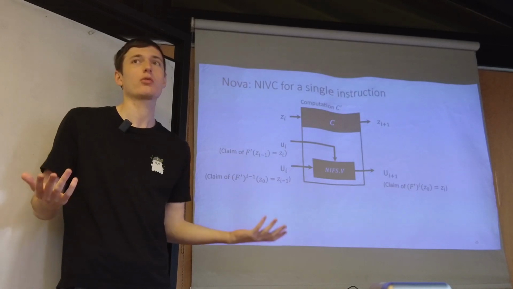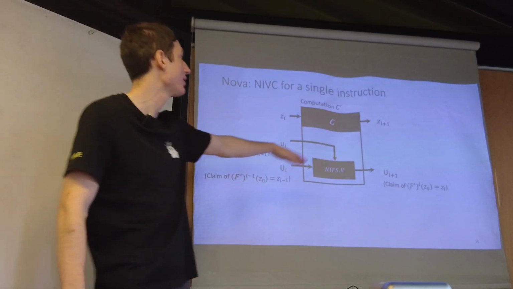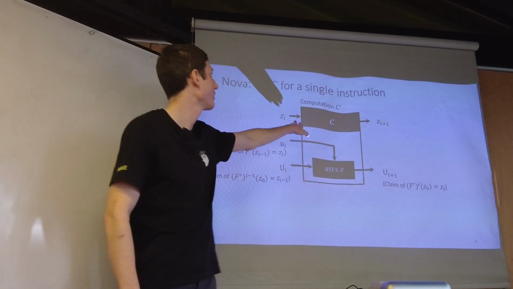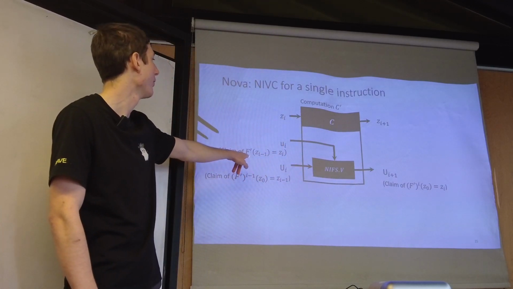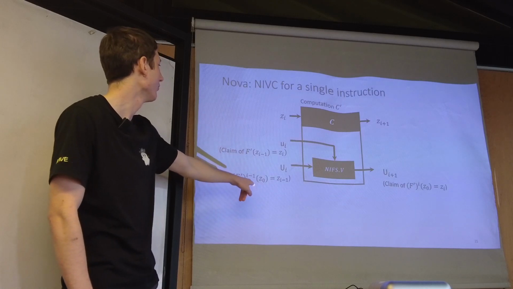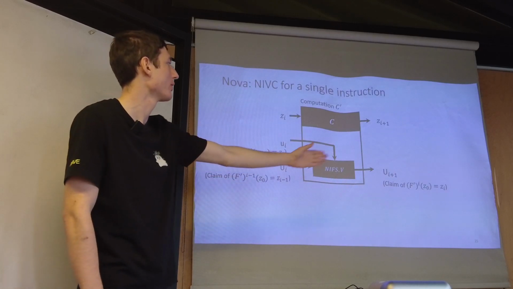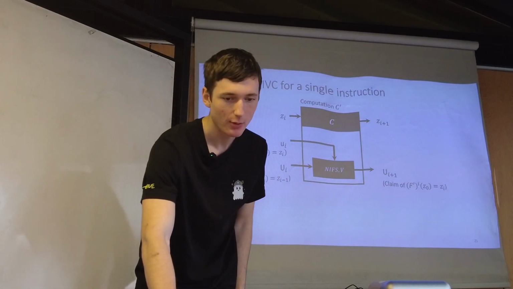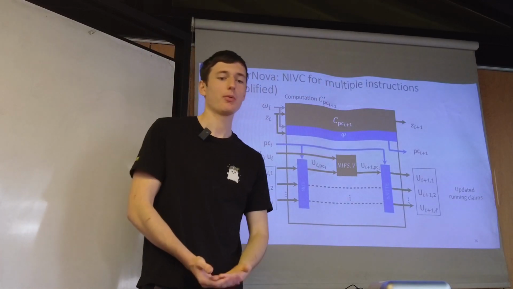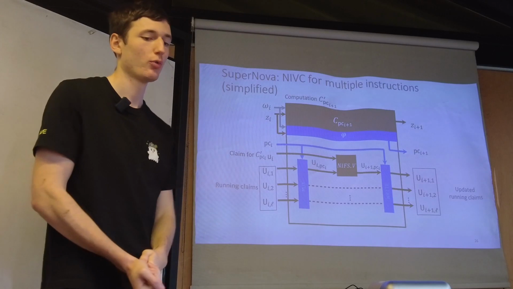There is no instruction 2. And so this is actually Nova. You've got here the computation, the function. We've got the verifier circuits. And each time we just run always the same function. So this is just Nova. But here is the more important part, which is SuperNova.